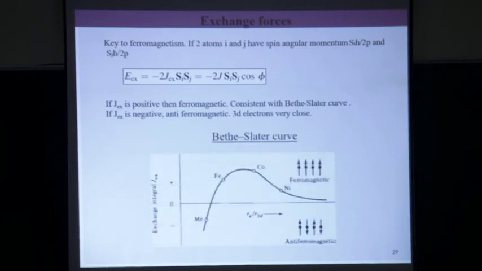So the whole thing which I just told you was already done by these two scientists, Bethe and Slater. And what does it show? It shows that you have an exchange integral, J exchange.